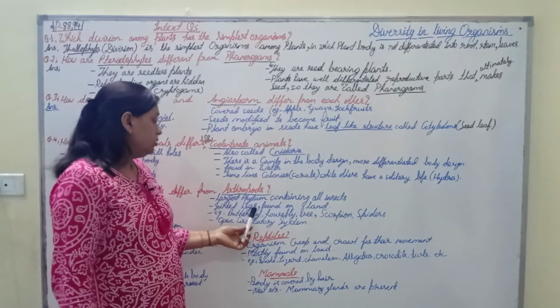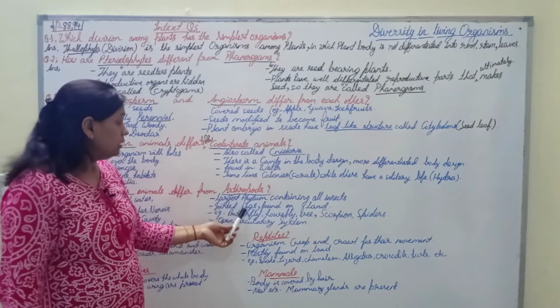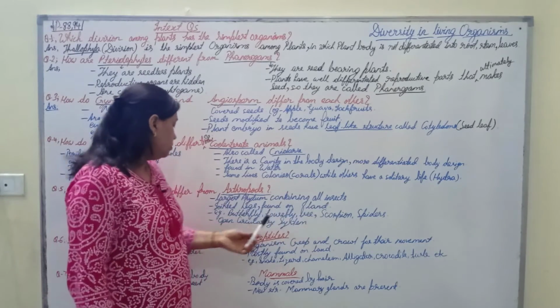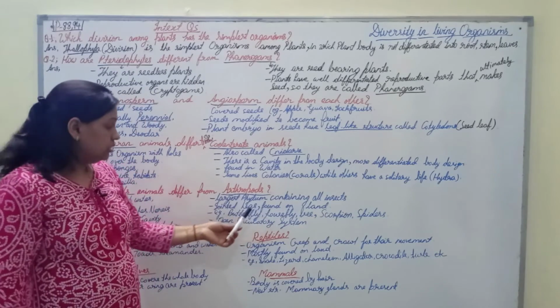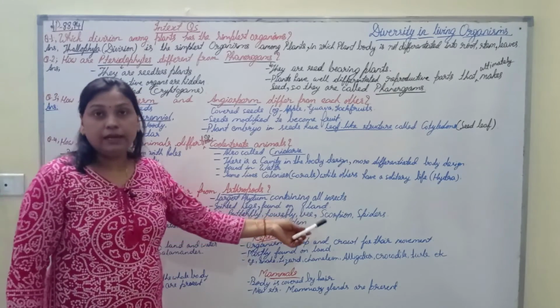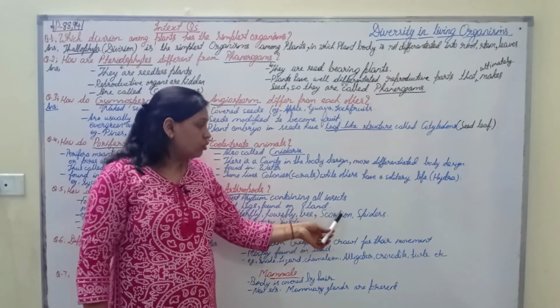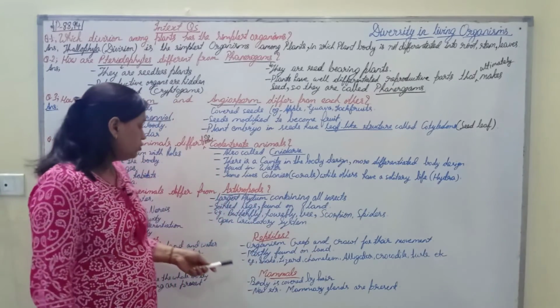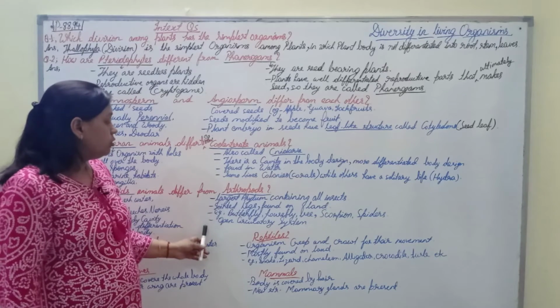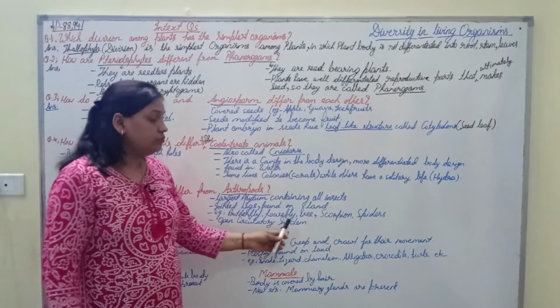Organisms have jointed legs, mostly found on land. Examples are butterfly, housefly, bees, scorpions, spiders and so on. Arthropoda also have an open circulatory system.